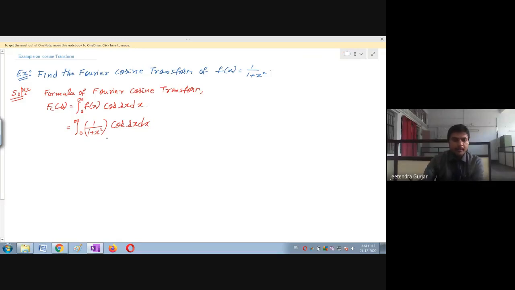Yes students, now we don't have any formula for this integration. Please remember this. We can apply integration when we come across a standard integral.